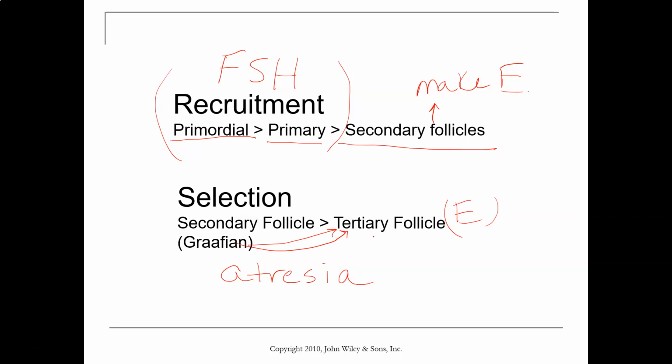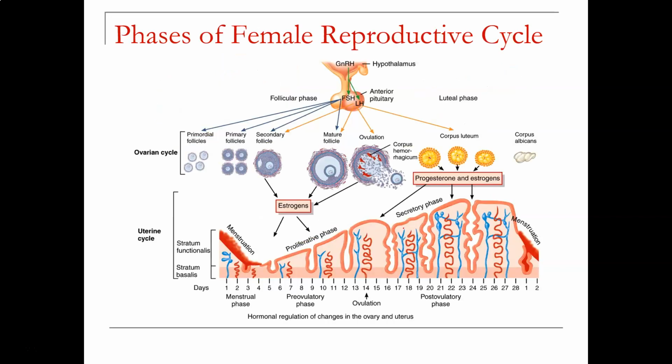So recruitment and selection. Now this is one of my favorite pictures, showing both the ovarian cycle and the uterine cycle in the same picture. This is from an older edition, so in your book it might look a little different, but I prefer this one.